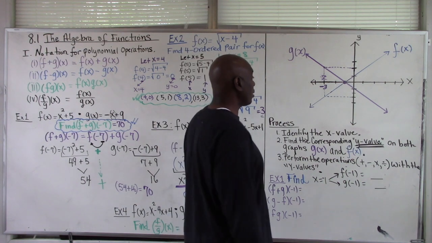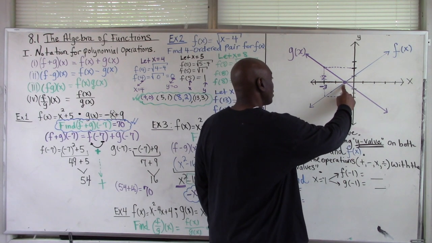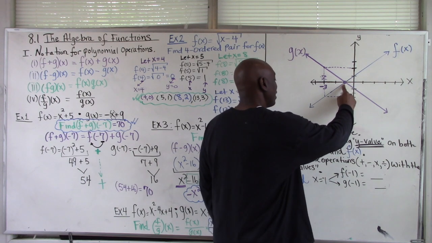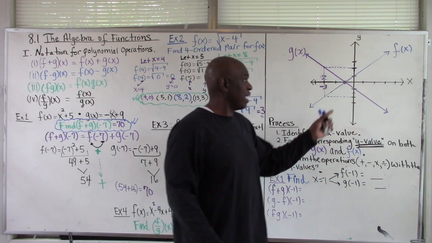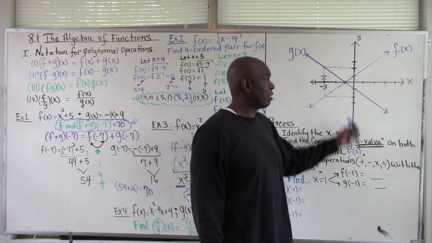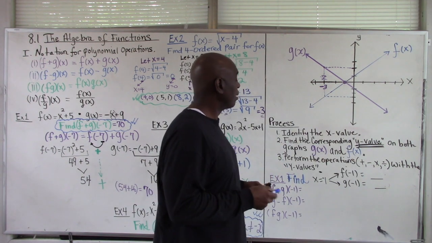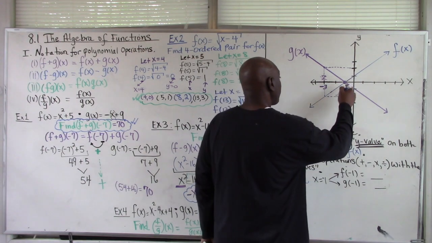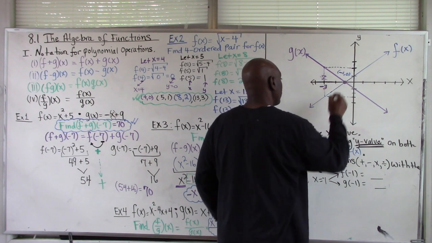Alright. Well, looky here. When x is negative 1, what is the y value right here for both of them? That's no fun. Because when x is negative 1, y is just 0.